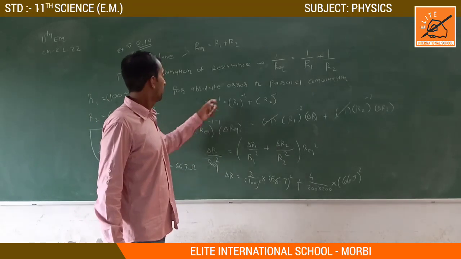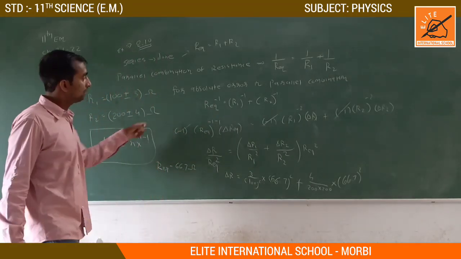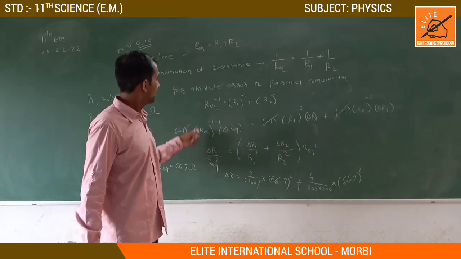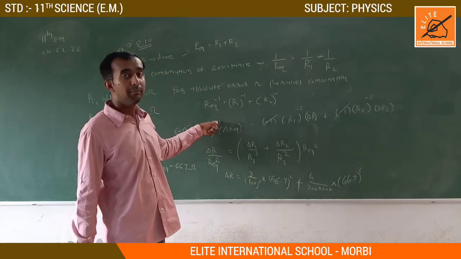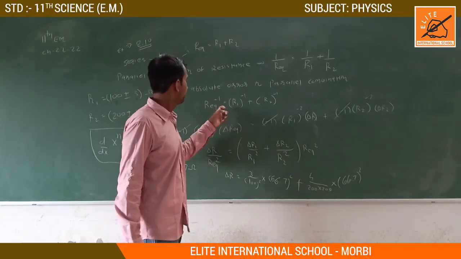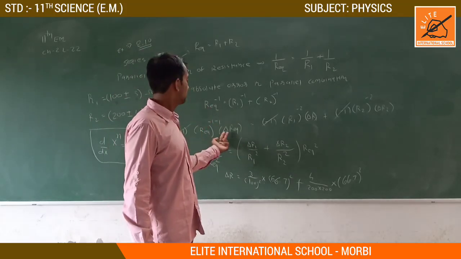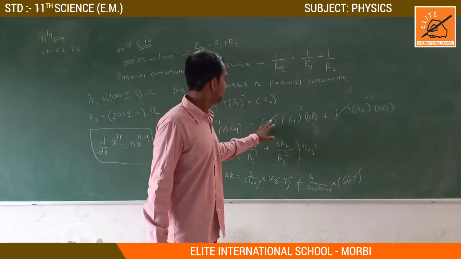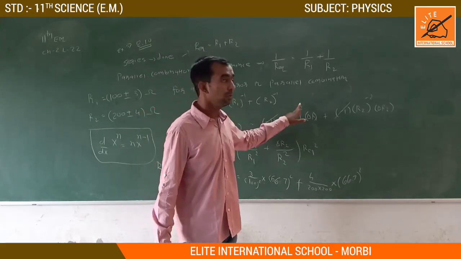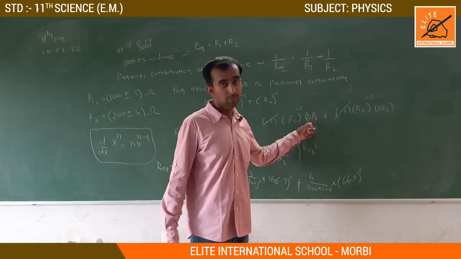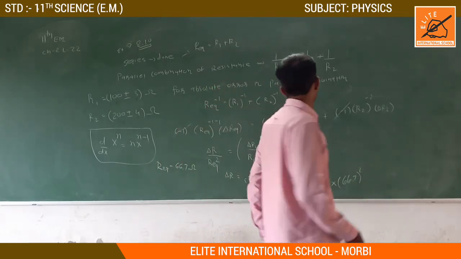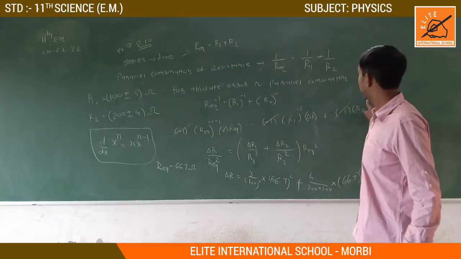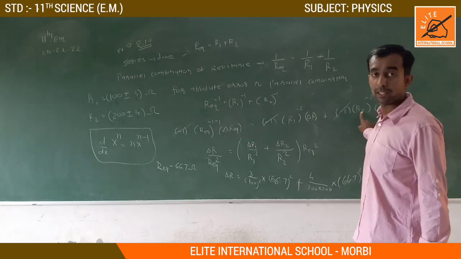As per this equation, n equals minus 1, so minus 1 multiply R equivalent raised to minus 2, and the error in that is delta R. Minus 1 multiply R1 raised to minus 2 into delta R1, the error in that, plus again minus 1, R2 raised to minus 2, error in R2 is delta R2.